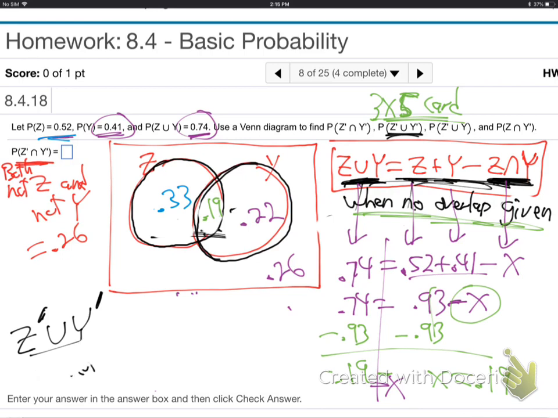Either not Z or not Y. So which ones up there are either not in Z or not in Y?